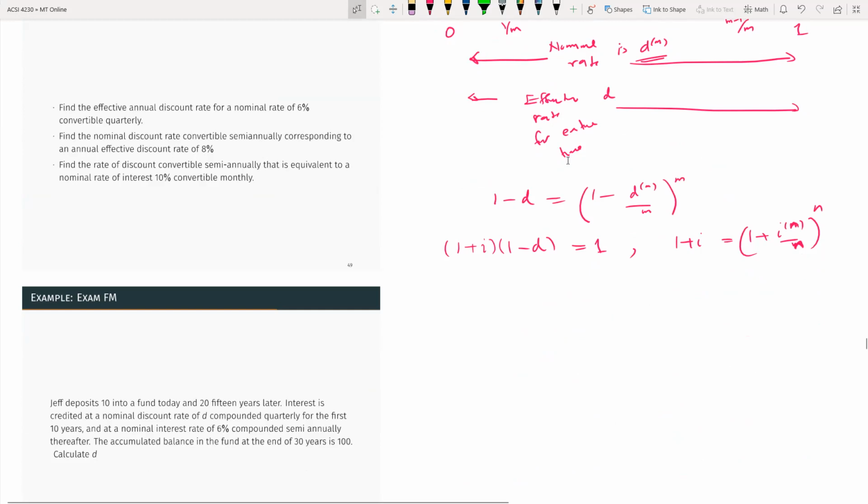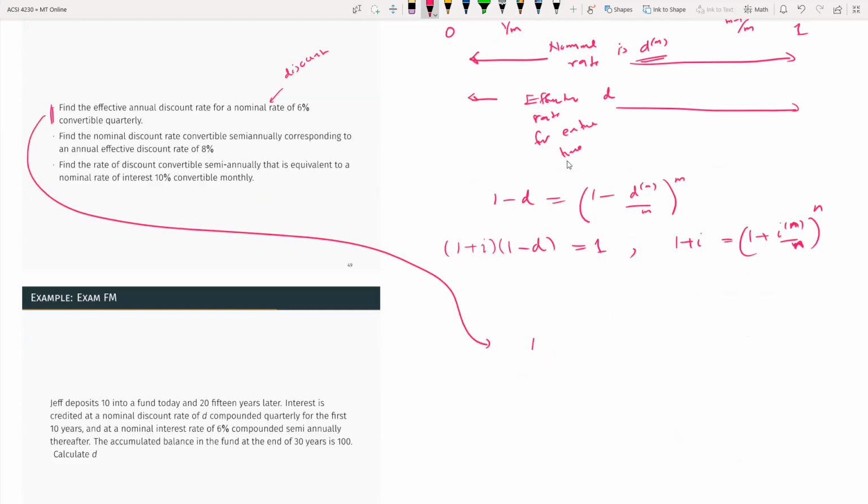So this question asks you to find the effective annual discount rate for a nominal discount rate of 6% converted quarterly. So how do you do that? 1 minus D equals (1 minus D^(M)/M) to the M. In this case, it's D^(4). So I can write 1 minus D equals (1 minus 0.06/4) to the 4.